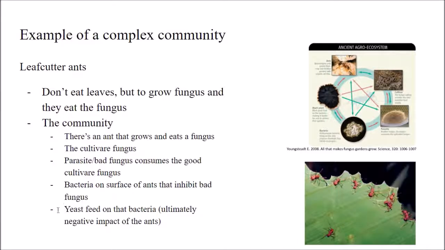And last but not least, there is also a yeast on that bacteria that ultimately kills the bacteria and has a negative impact on the ants. So this is a very complex community of different interacting organisms on a very small scale that shares many qualities we see in larger, more complex communities within nature.